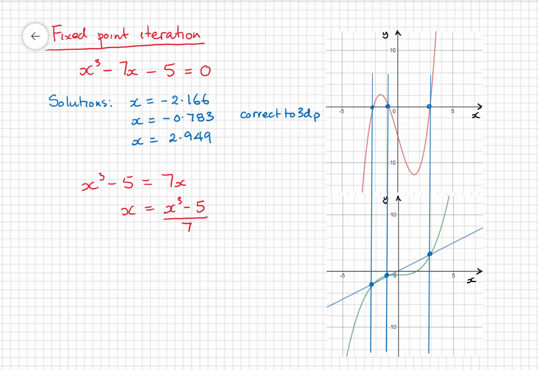And if we were to continue with this one, we would rewrite that last relationship in this way, that xn plus 1 is equal to xn cubed minus 5 all over 7. And just as we did with the Newton-Raphson, we would put a starting value in, cube it, subtract 5 and divide the result by 7 to give us our next best guess, and repeat the process until we find that we're close enough to a suggested solution.